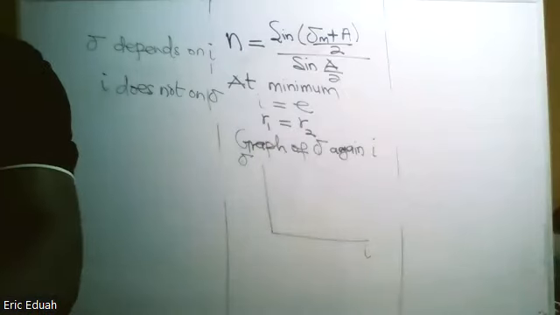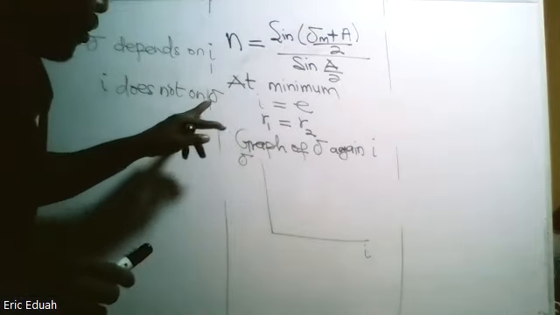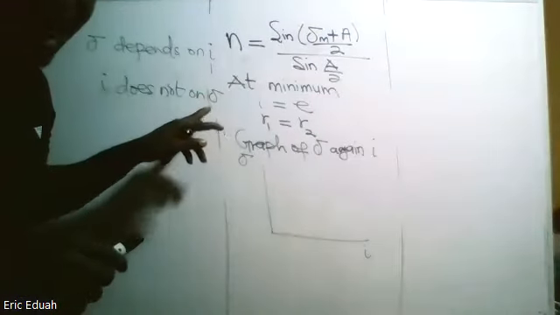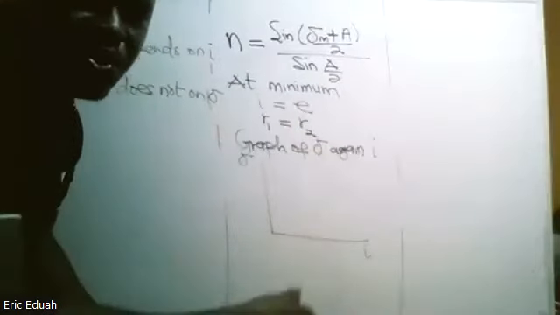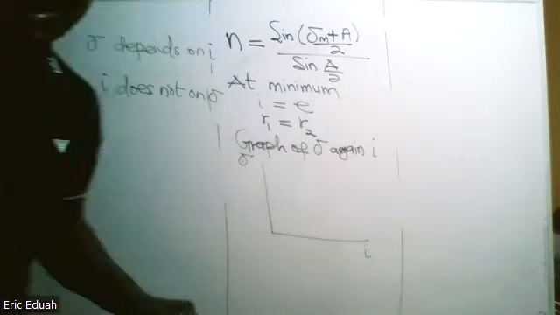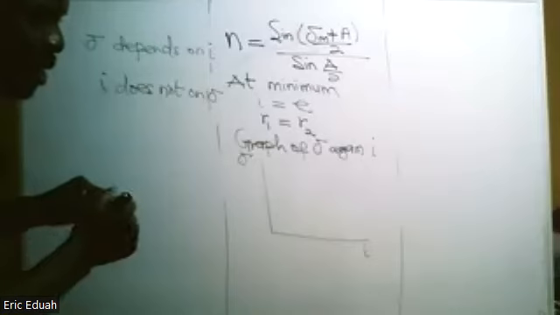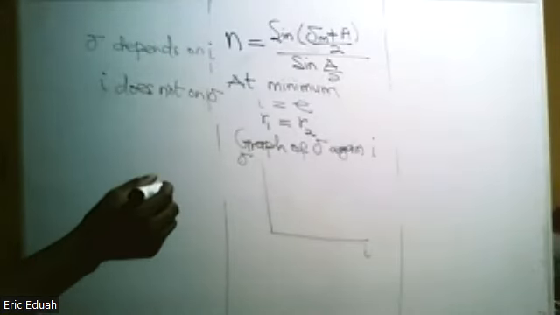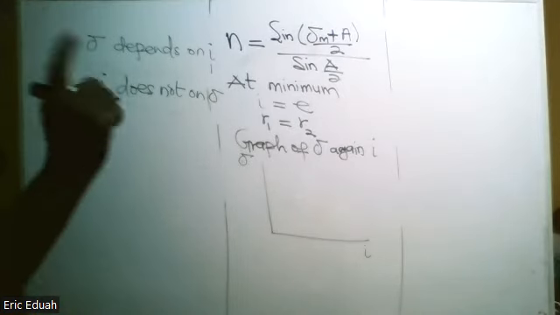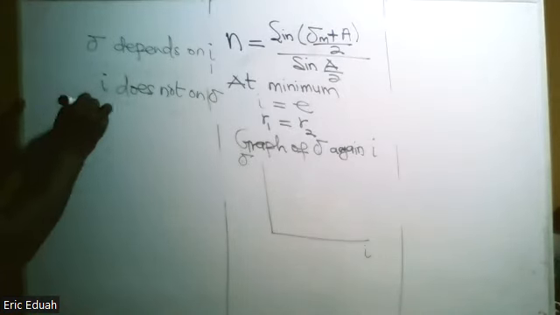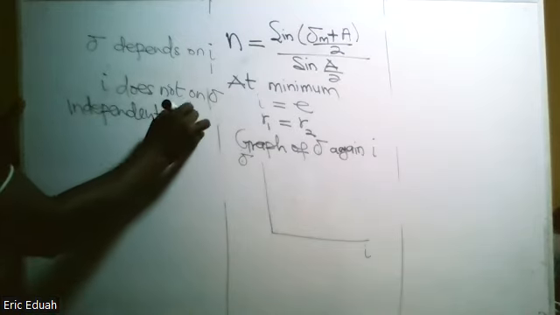It is the angle of incidence which has to change to give you the angle of deviation. It isn't the angle of deviation which has to be changing to give you the angle of incidence. But with graphs, we always plot the independent variable along the y-axis.